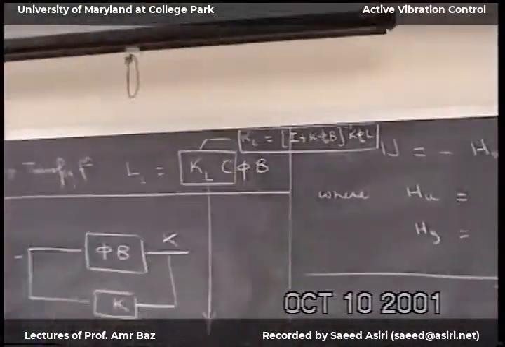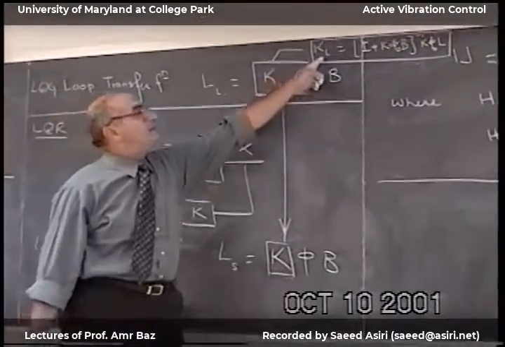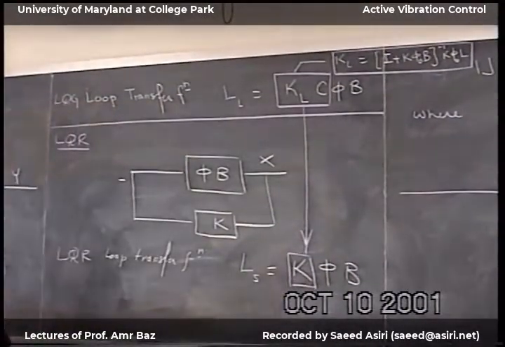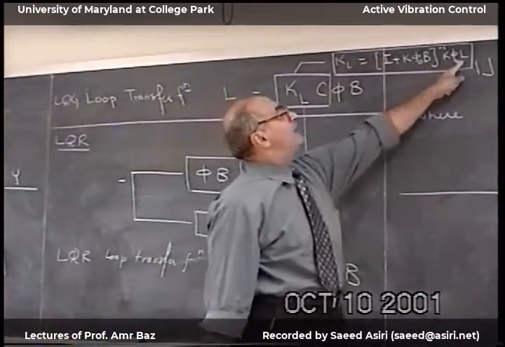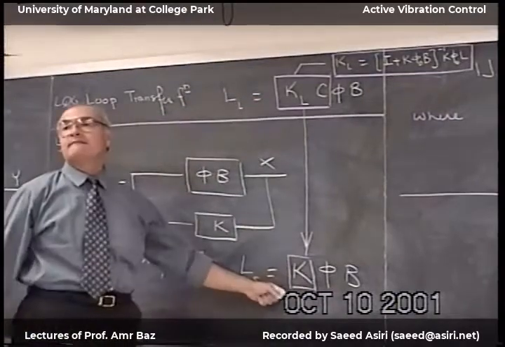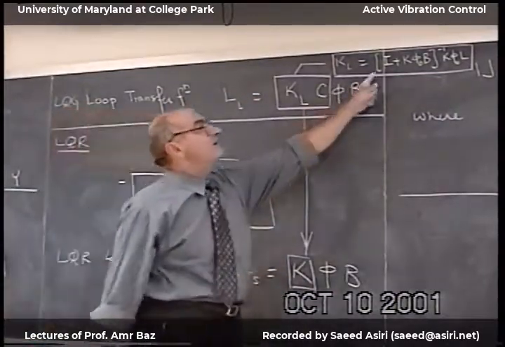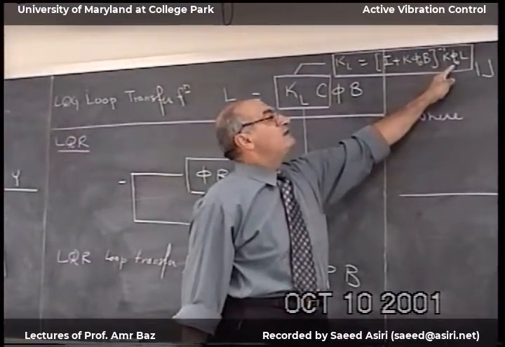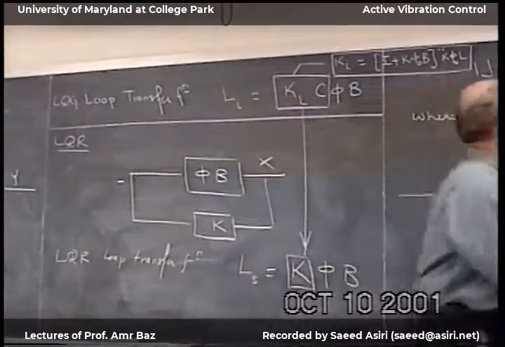So now what we want to do is make this look like this K. And we will select the L such that this whole thing reduces to this K. This L is also inside this phi_0, which is here.